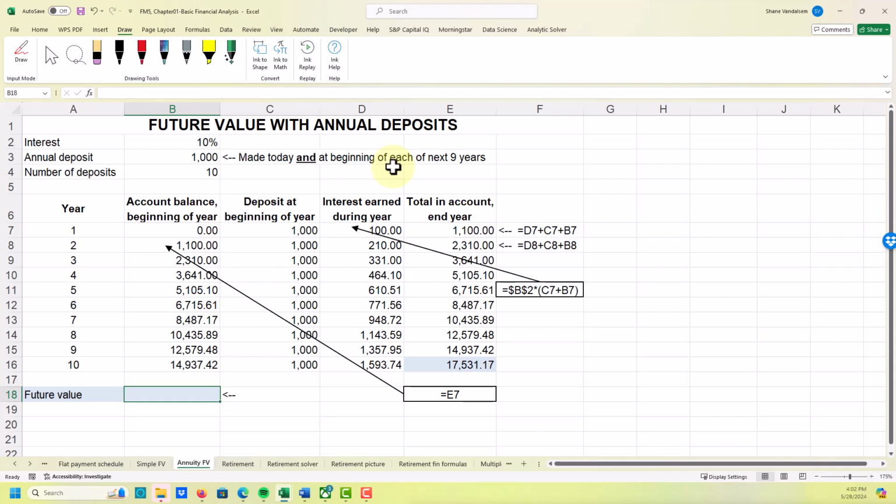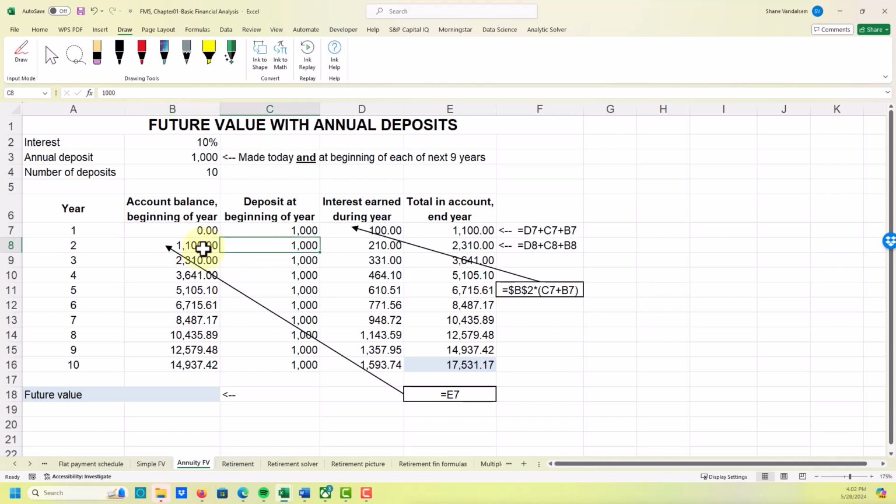So the account balance at the beginning of the year is 0, but we're going to make a deposit today of $1,000, and during the year we're going to earn $100 on that deposit. So at the end of the year we have $1,100. The beginning of year 2, we have $1,100 already in the bank. We're making an additional deposit of $1,000.